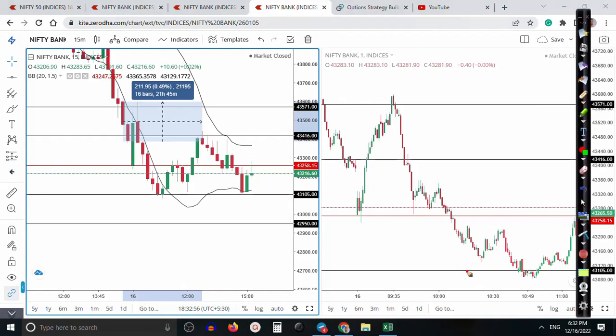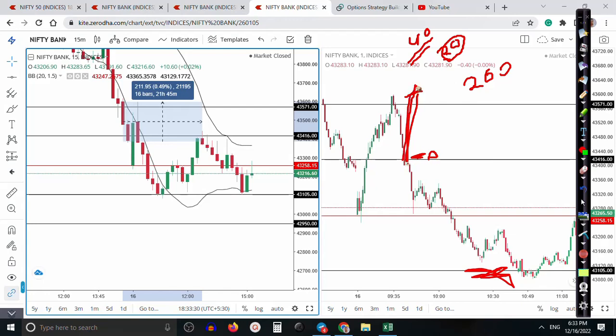The stock price was somewhere here. I selected far out of the money because I know it may retest this level, and there was above 200. So I selected 20 delta only. If price pulls back to this level, my loss will be 40 rupees only. If I buy here at the money, in the same time, what will happen?